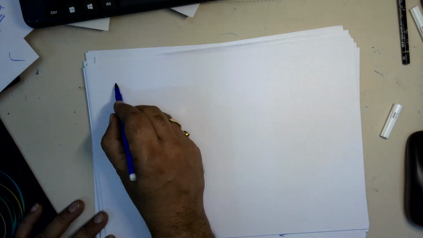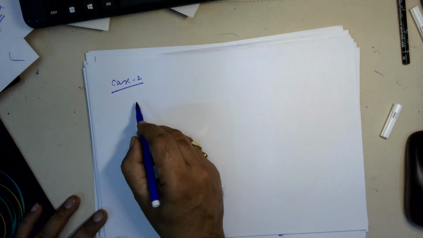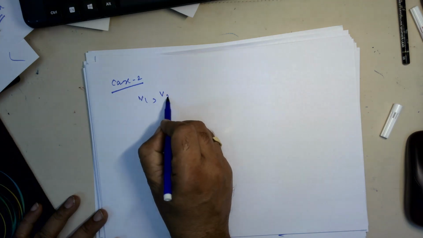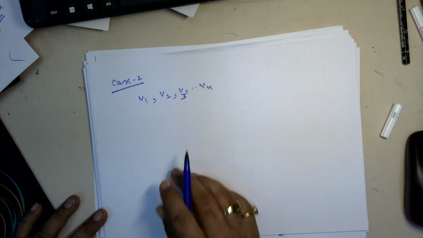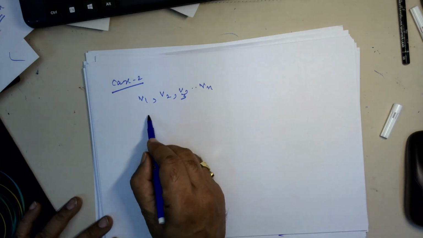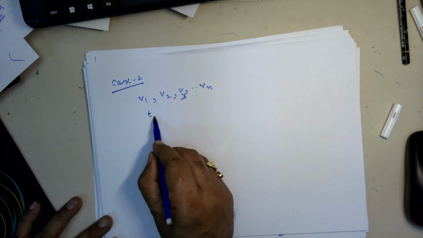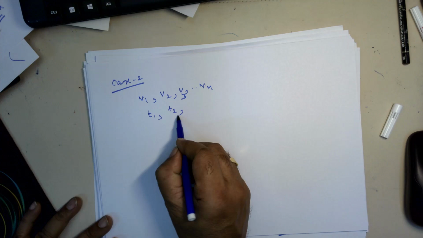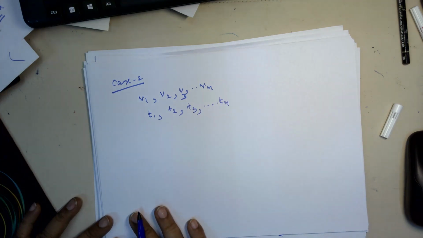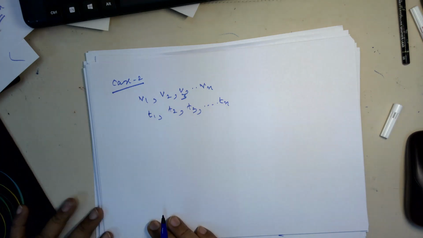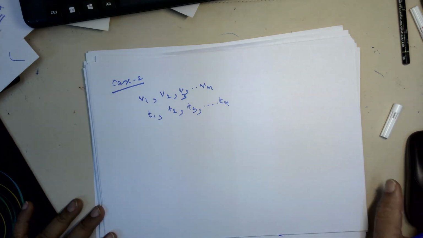So case 2. Here I have got the various velocities V1, V2, V3, etc. So these are all known. And the time intervals are also given. So T1, T2, T3, etc. up to Tn. But the problem here is the displacement is not given, right?